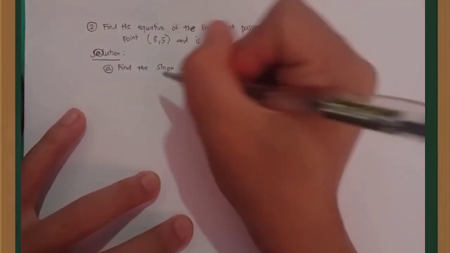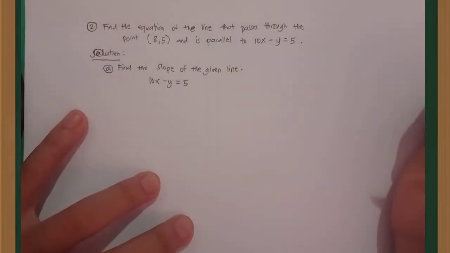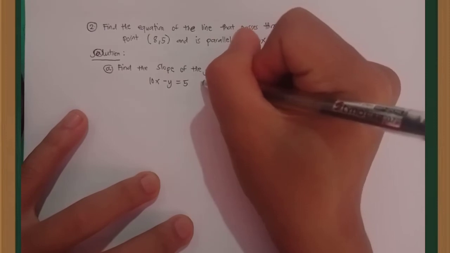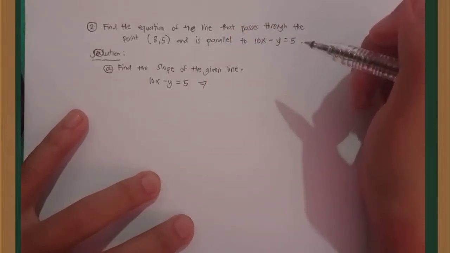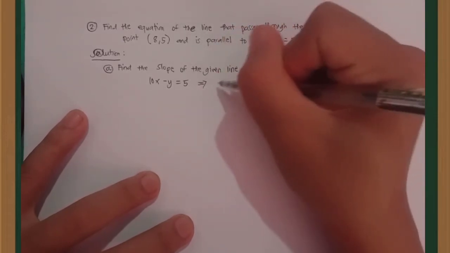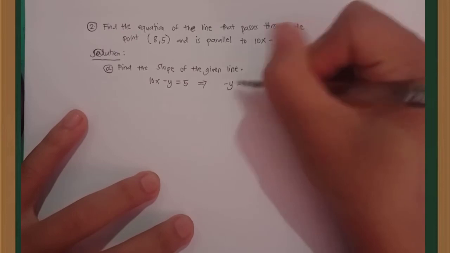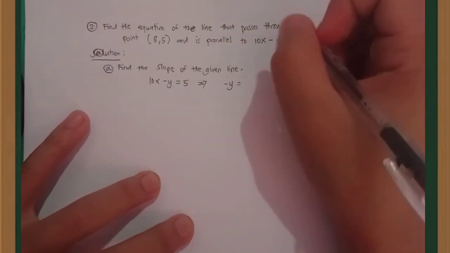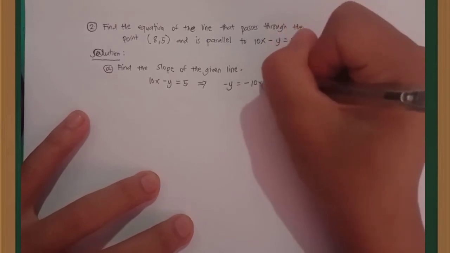Okay, so the given line is 10x minus y equals 5. We need to transform or convert this into its slope-intercept form. So the negative y stays, equals, we transpose the positive 10x to the right side of the equation, it becomes negative 10x.